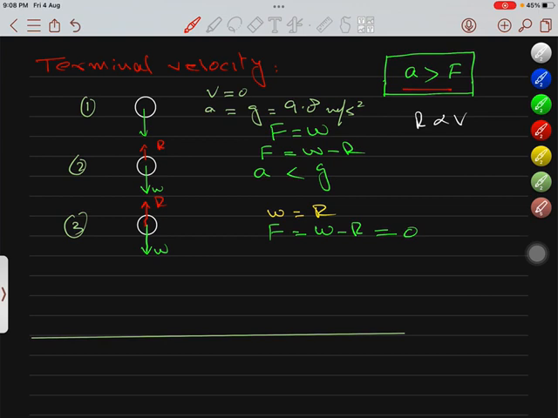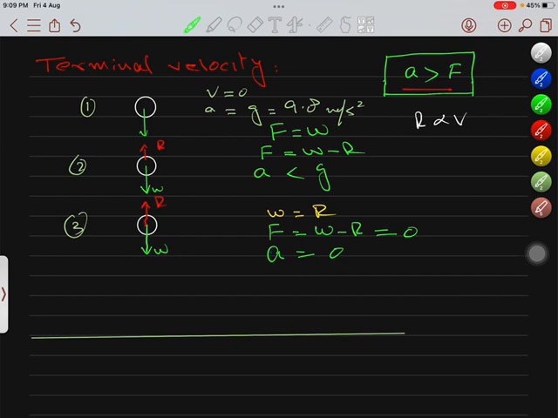Now what is meant by zero acceleration? Zero acceleration means acceleration is equal to 0. What is acceleration? Acceleration is change in velocity in a unit time. When I say that acceleration is 0, it means there is no change in velocity. Once I say that there is no change in velocity, it means that the object is moving with uniform velocity.